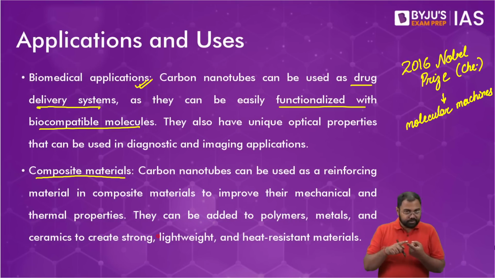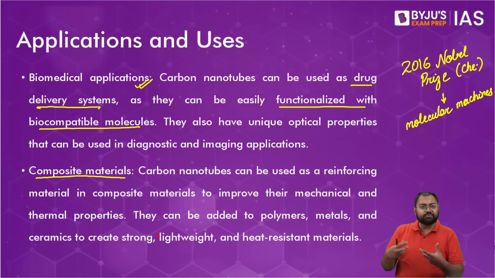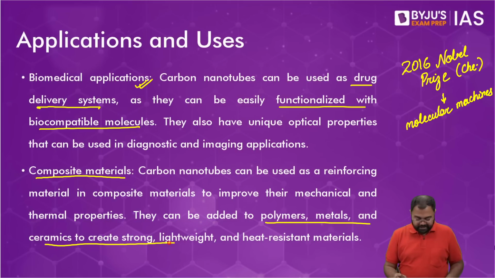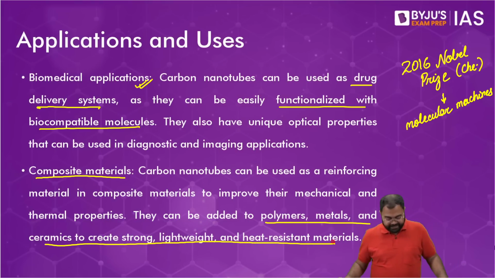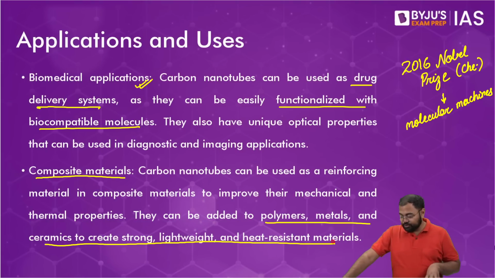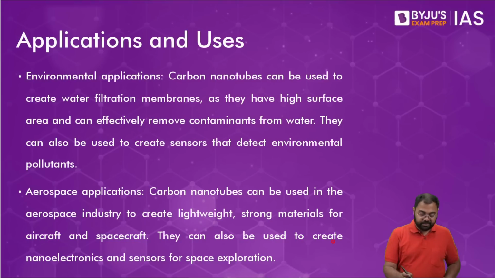Because of all these properties, you will use whichever property you want. So they can be added to polymers, metals or ceramics to create strong, lightweight, heat resistant materials. So there are so many ways in which these carbon nanotubes can be used.